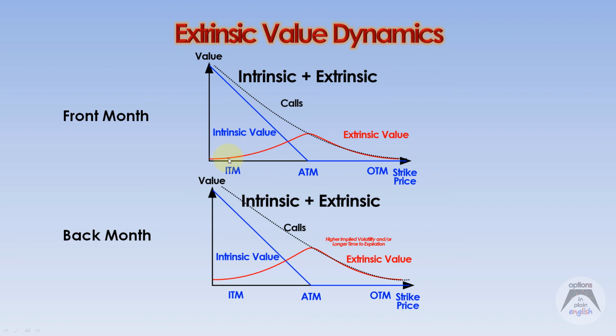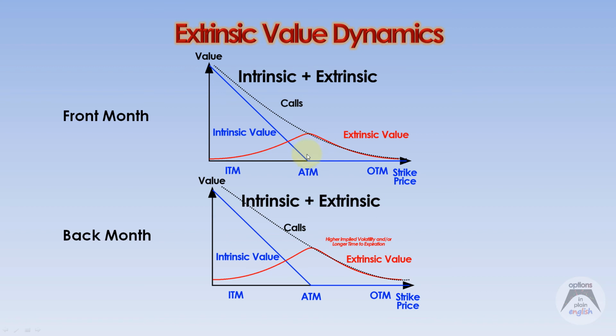Now, another thing that I didn't mention is that this curve, with each day that passes, starts getting smaller and smaller until you reach the extreme point, which is when it expires.